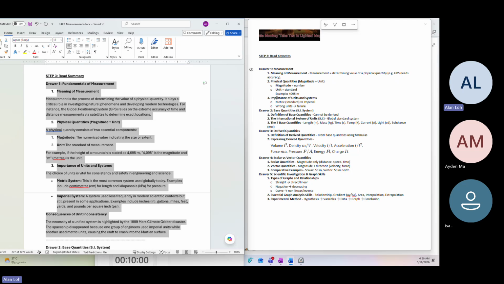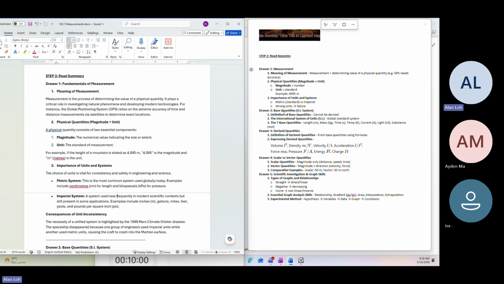The difference is that step 3 on the left is an extended version of step 2. So if in step 2 your understanding was at level 2, after reading step 3 your understanding of drawer 1 should level up a bit, from 2 to level 3.